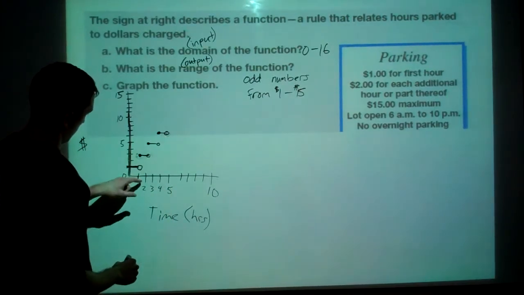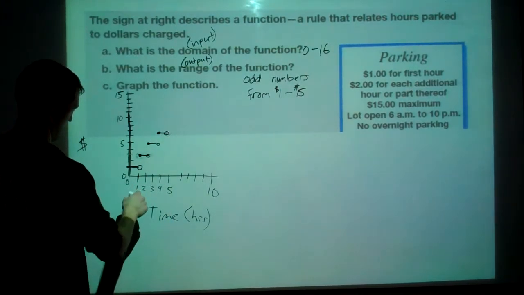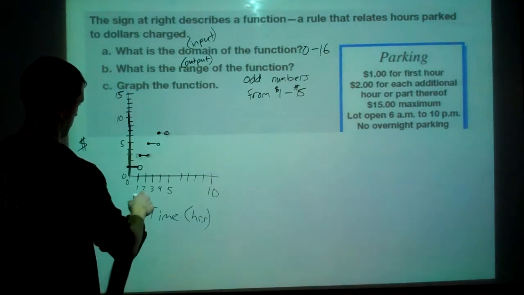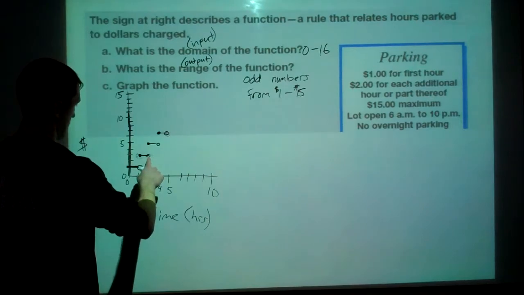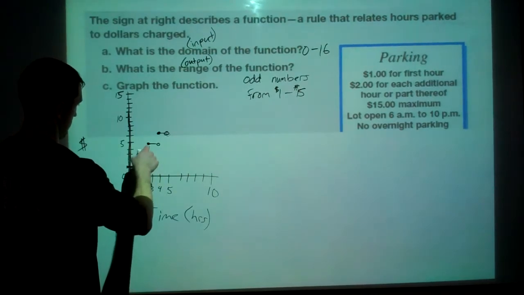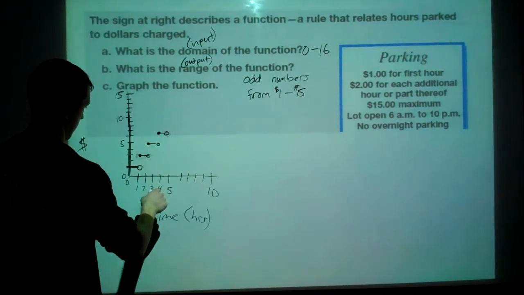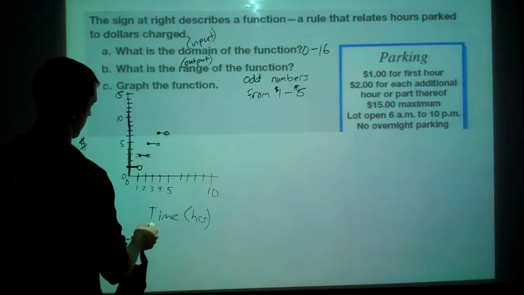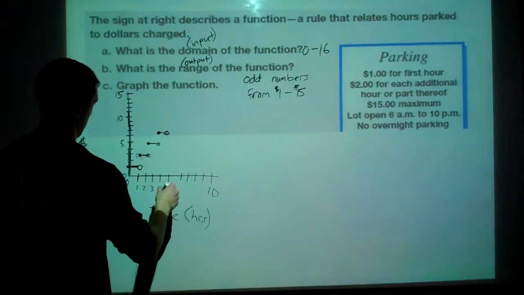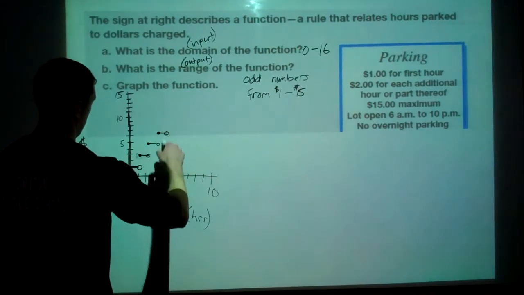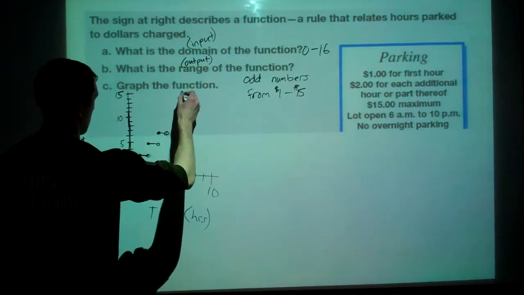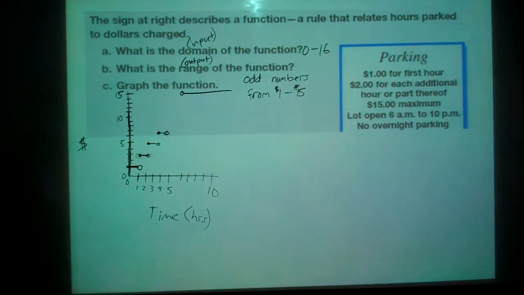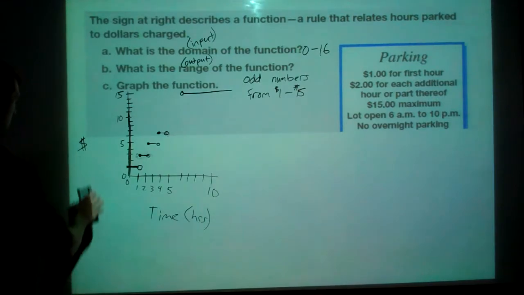Now the reason I'm putting circles here is because from 1 to 2 hours, once you hit 2 hours, it's no longer $3 anymore, it's $5. And once you're there for 4 hours, it's no longer $5, it's $7. So it keeps going on like this. Eventually you get to a point where you're here, and then for the remainder of your time, it's $15, because that's the most you can pay.